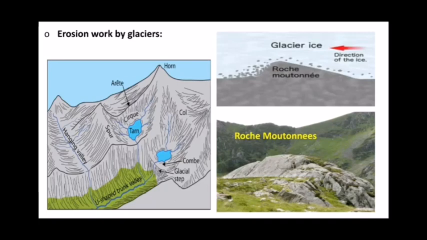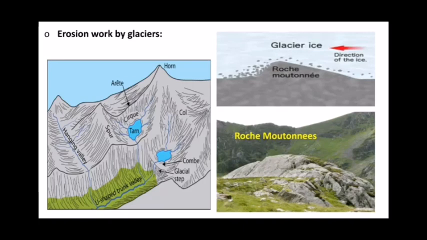Underneath the snow which is coming down, there are tiny rock particles and sand, which also come down along with the snow that is sliding down, and it also erodes its own bed on a very large scale.